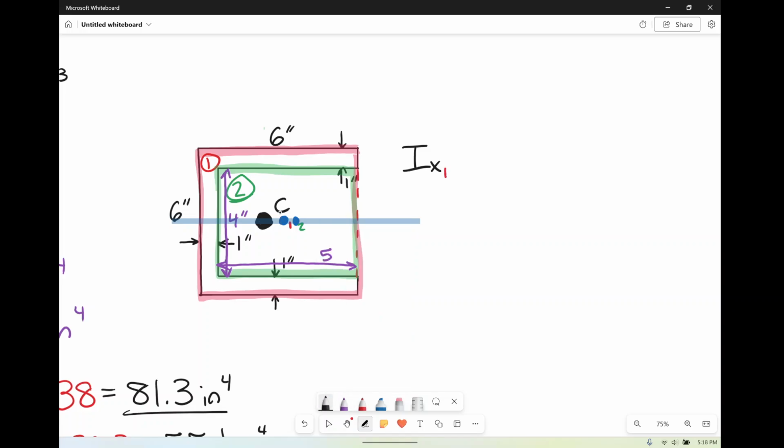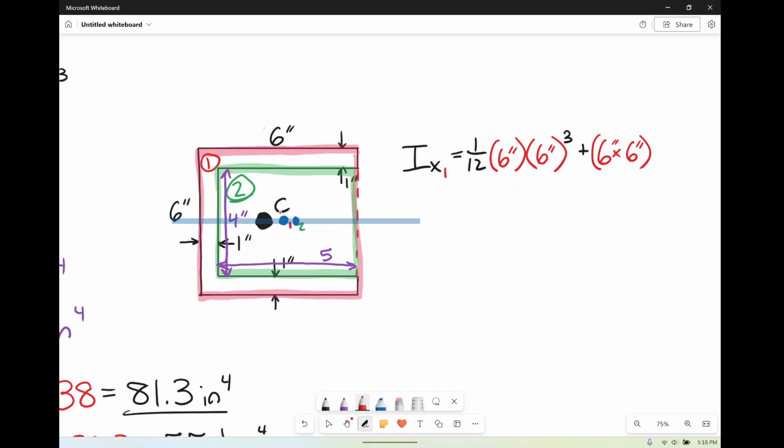So for number 1, this is going to be 1/12, the base of 6, the height of 6, right? It's just a really big square, cubed, plus the area, being 6 by 6, times dy, the height from the location of the blue dot to the black dot.